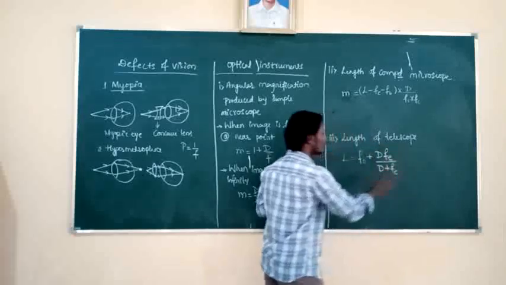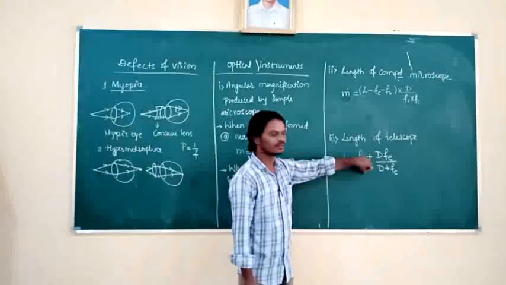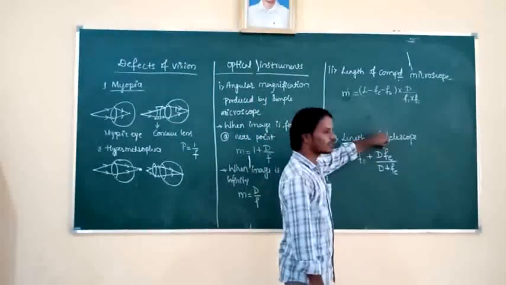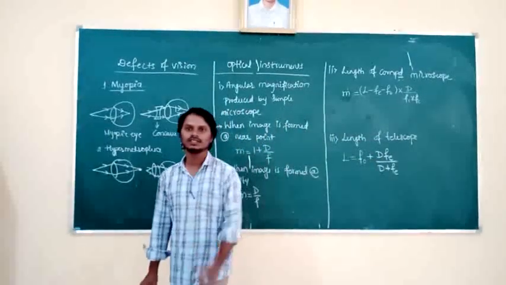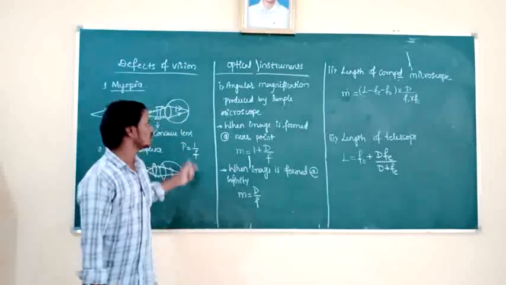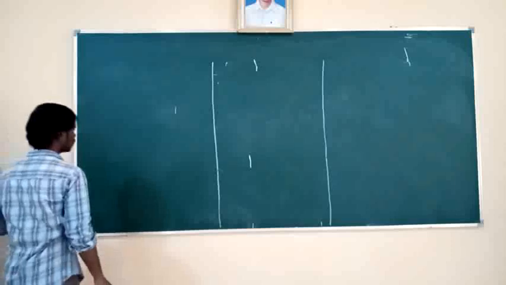A telescope again has two convex lenses, one objective lens and another eyepiece. But here, the objective lens has the larger focal length and the eyepiece has the short focal length. You have to know the terms here. Fo is the focal length of the objective lens. Fe is the focal length of the eyepiece. D is the least distance of distinct vision. By using this synopsis, we are going to solve some CET questions.